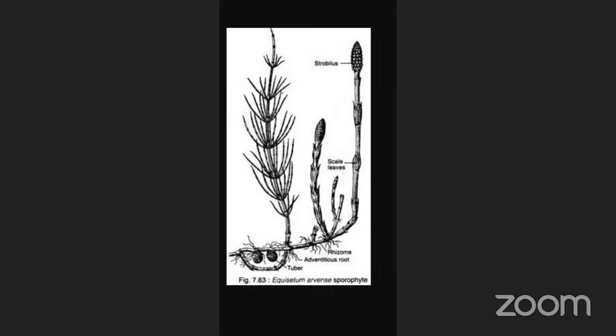At the base of each node, there are intercalary meristems, meristematic tissue that is responsible for the growth of the internodes. Sometimes the stem is weak and easily gets pulled apart at the internode.